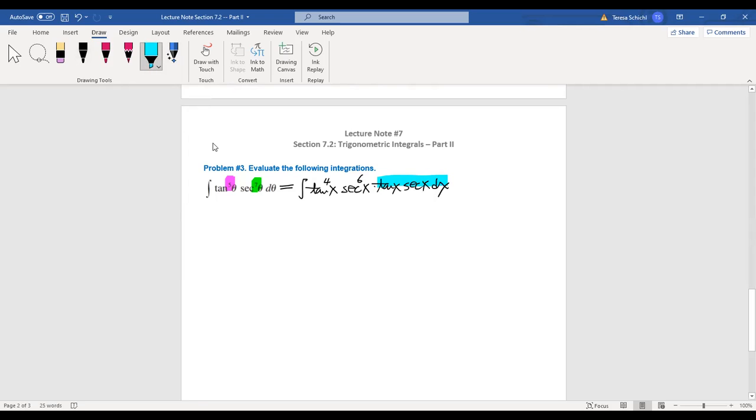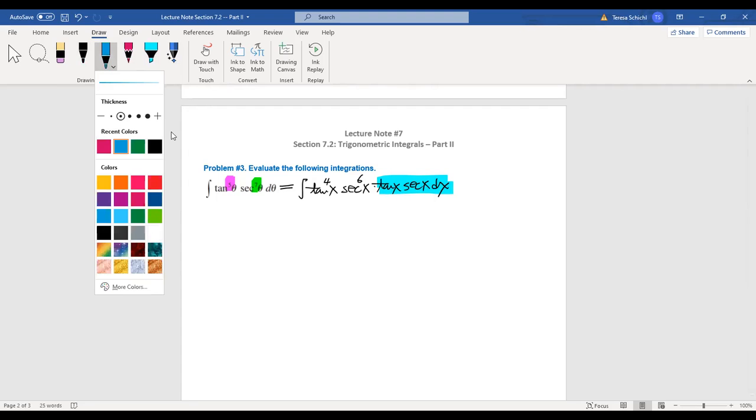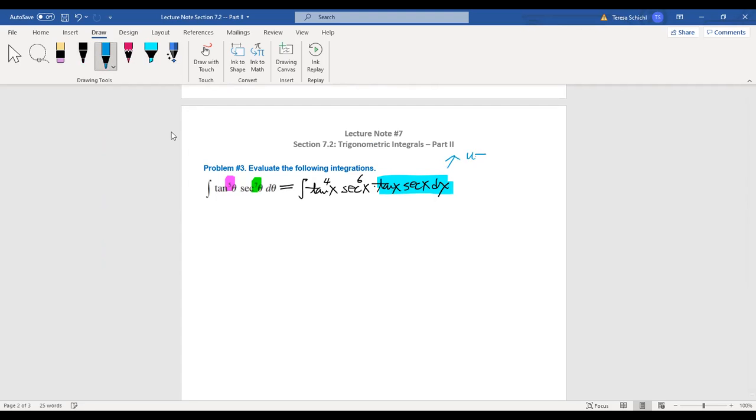Because tangent x secant x will be a good u sub. So for this, I need to set u equal to secant x, because then du will be equal to secant x tangent x dx.